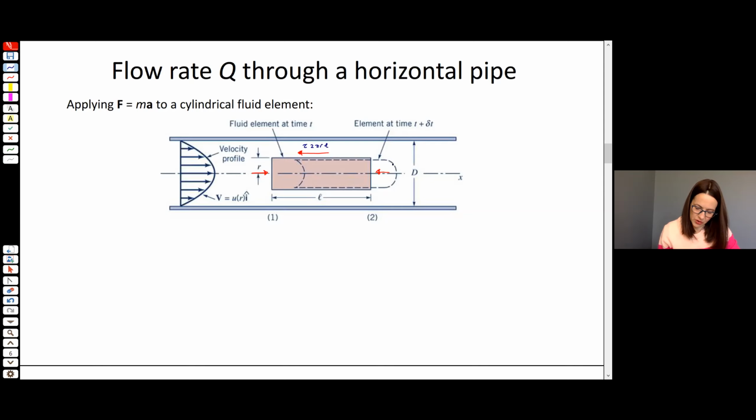And then we've got our pressure force, P1 minus delta P times pi r squared. And then the pressure force of the other one is P1 pi r squared. Right, so here are the forces. We're assuming that the flow is steady, fully developed. And we're neglecting gravity.